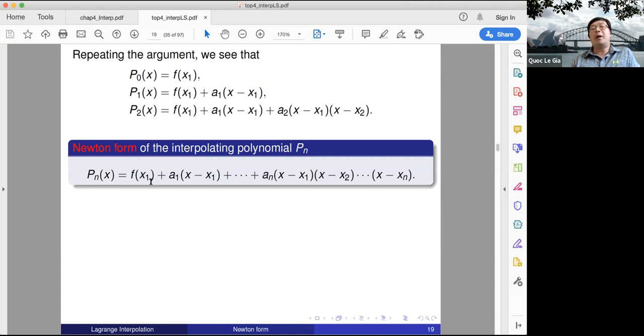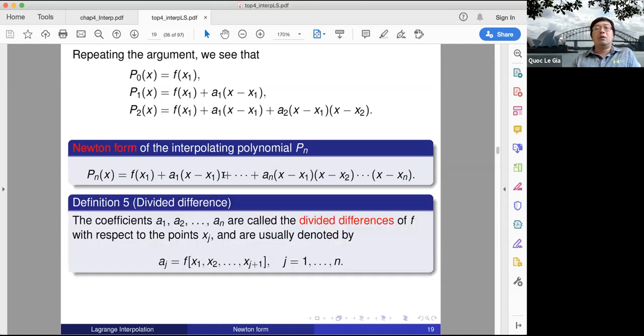Okay, so now we worry about the coefficients. So now we will study how to find the coefficients. So at least you see that it is possible to write out the interpolation polynomial in this form. It's just some form, but it's possible. Okay. So now, before we start writing down what A1 up to An are, let me give them a name.